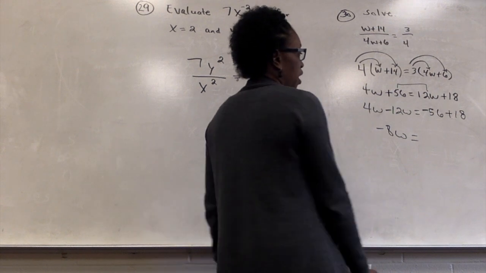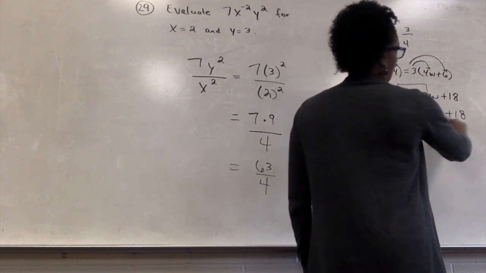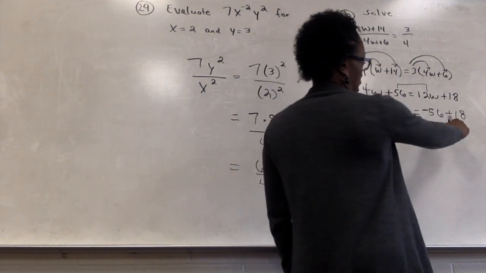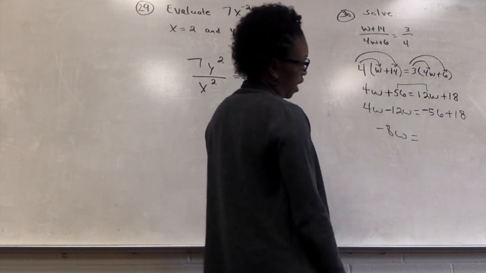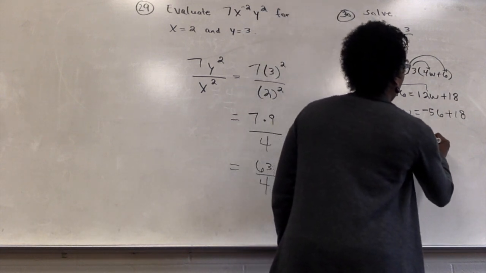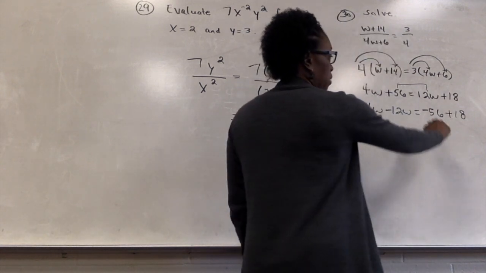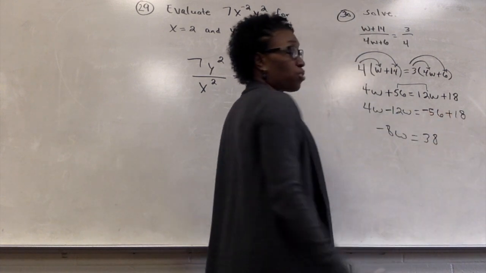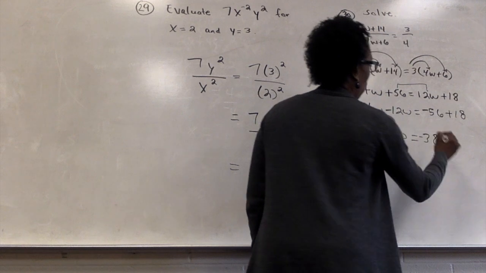And on this side, we have a negative 56 and a positive 18. And remember, you are subtracting basically. So we know 38, when I subtract, and also since my highest number is negative, I have to put that negative sign on the number.